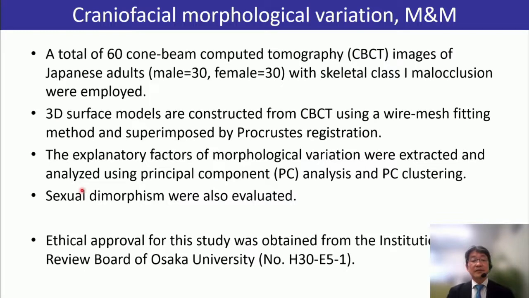The explanatory factors of the morphological variations were extracted and analyzed using principal component analysis and PC clustering. And we also evaluated the sexual dimorphism. In these studies, ethical approval was obtained from our university board.